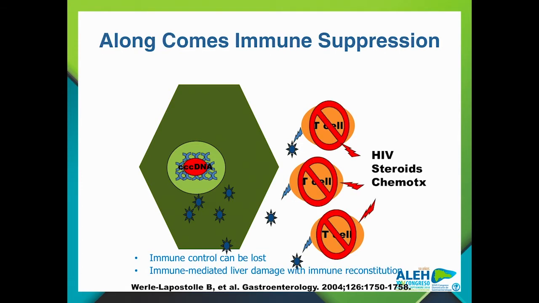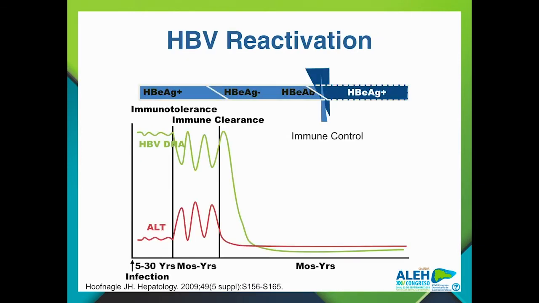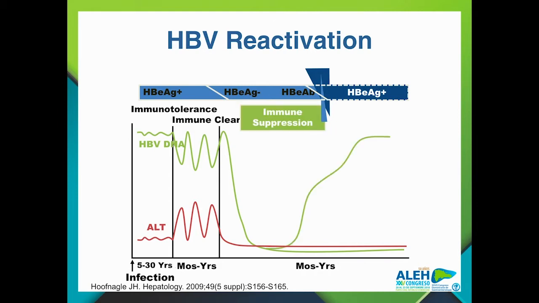If that immune response is blunted from whatever cause, then it gives the virus an opportunity to proliferate, and we can then develop reactivation. And so you can see here a patient looked at over time who had hepatitis B, now has undetectable virus with a normal ALT, under good immune control.